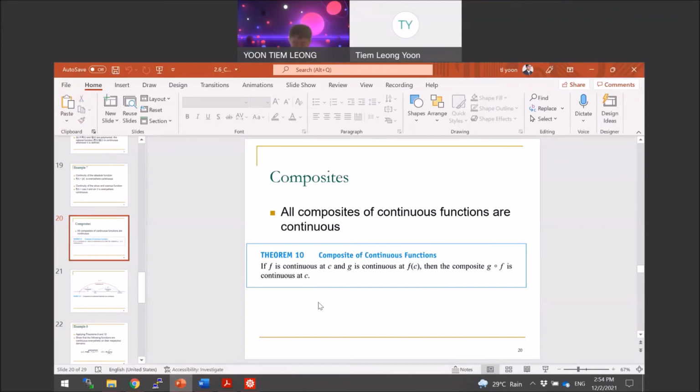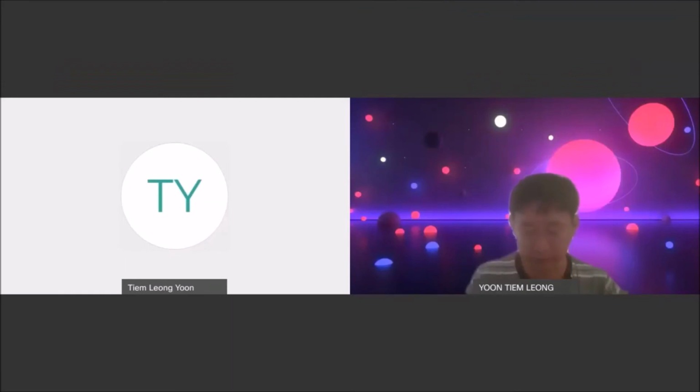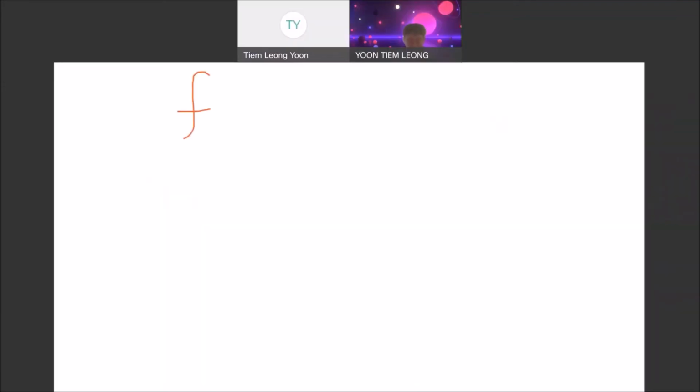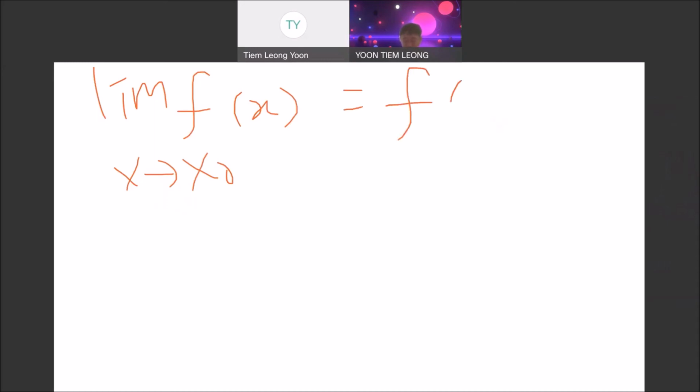First of all is the idea of continuity. If a function f is continuous at x0, then the limit of the function at x0 must exist, and it must be equal to the value of the function f evaluated at x0.